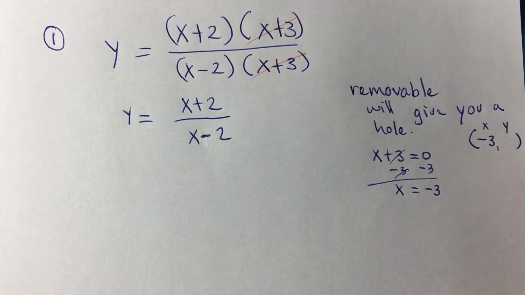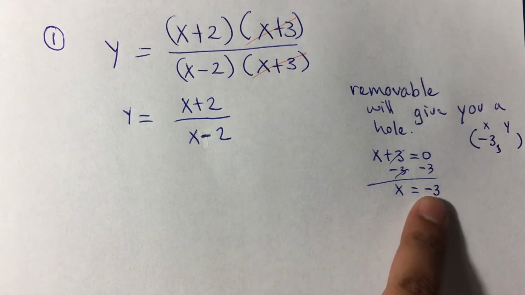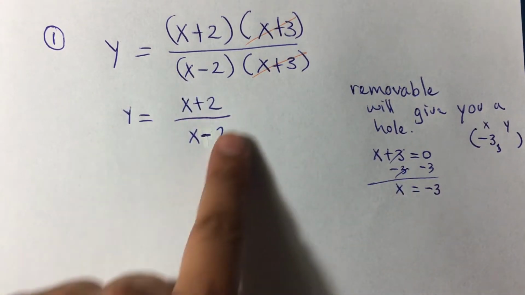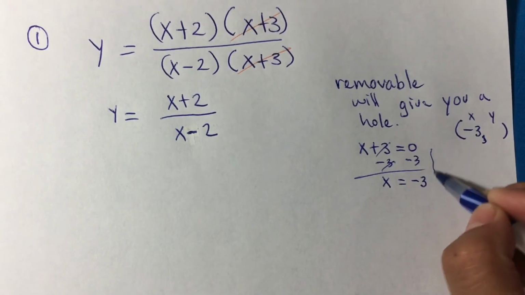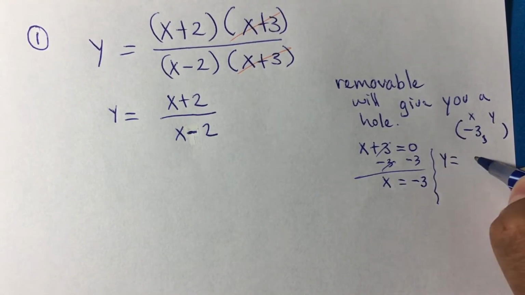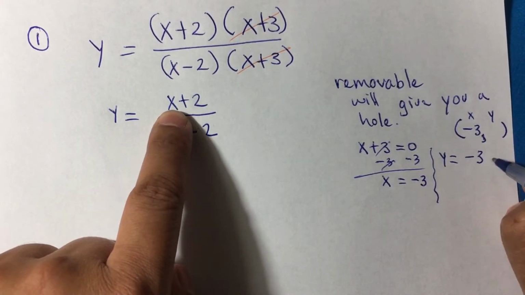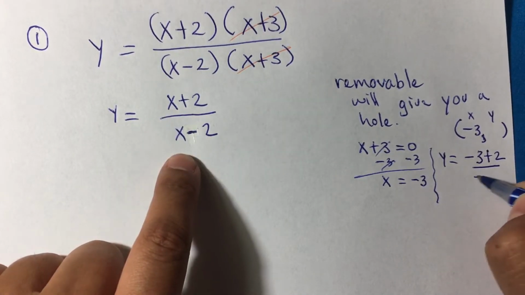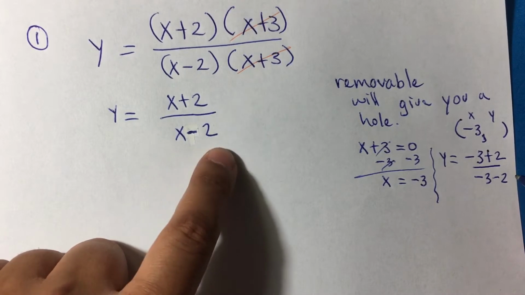And now I have to find the value for y. How do I find the value for y? I'm just going to replace x with negative 3 in the simplified function. So y equals negative 3 plus 2 over negative 3 minus 2.